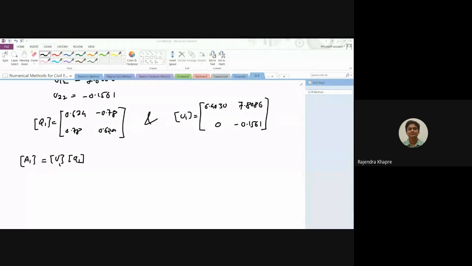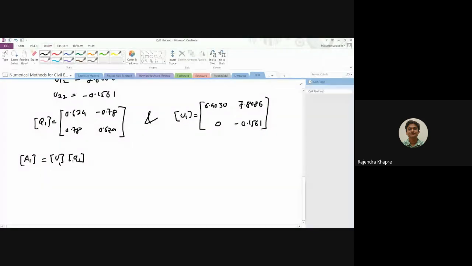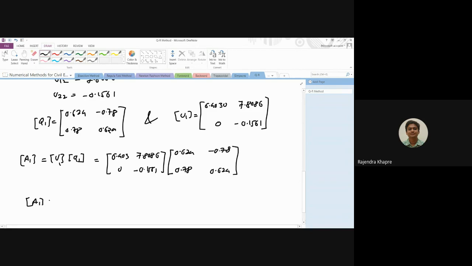So the U1 matrix is nothing but 6.403, then 7.8086, minus 0.1561, and this will be multiplied with 0.624, minus 0.78, not 7078, and this is 0.624. So finally, if you multiply these two, you will get the A1 matrix.